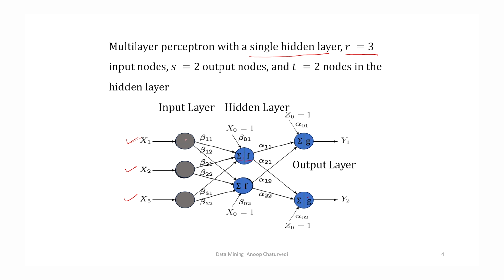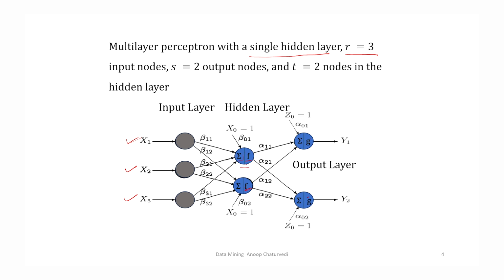Similarly, we combine x 1, x 2, x 3 using the weights beta 1 2, beta 2 2 and beta 3 2. And then we take this summation, means beta 1 2 x 1 plus beta 2 2 x 2 plus beta 3 2 x 3. And then we apply this activation function. Of course, we also take beta naught 2, which is the weight corresponding to the bias term, and then we apply this activation function.